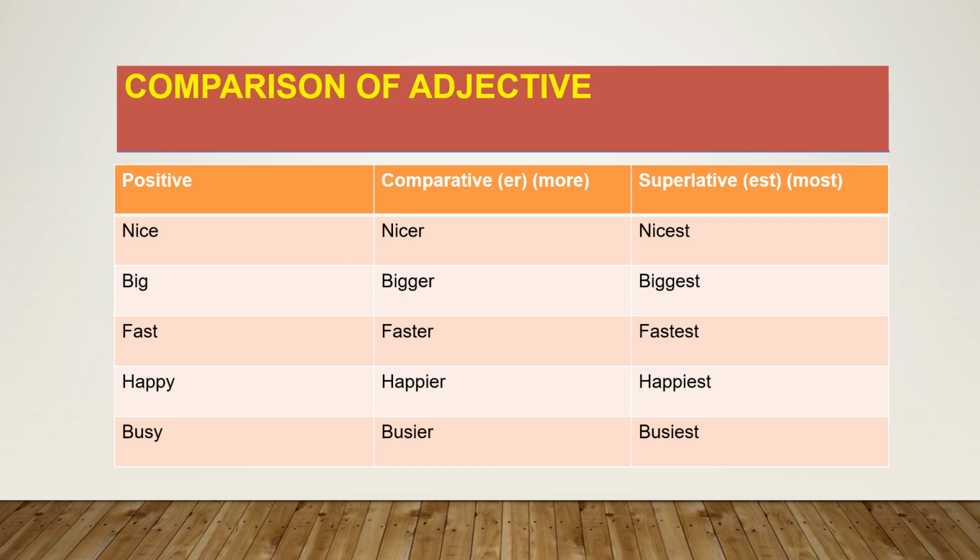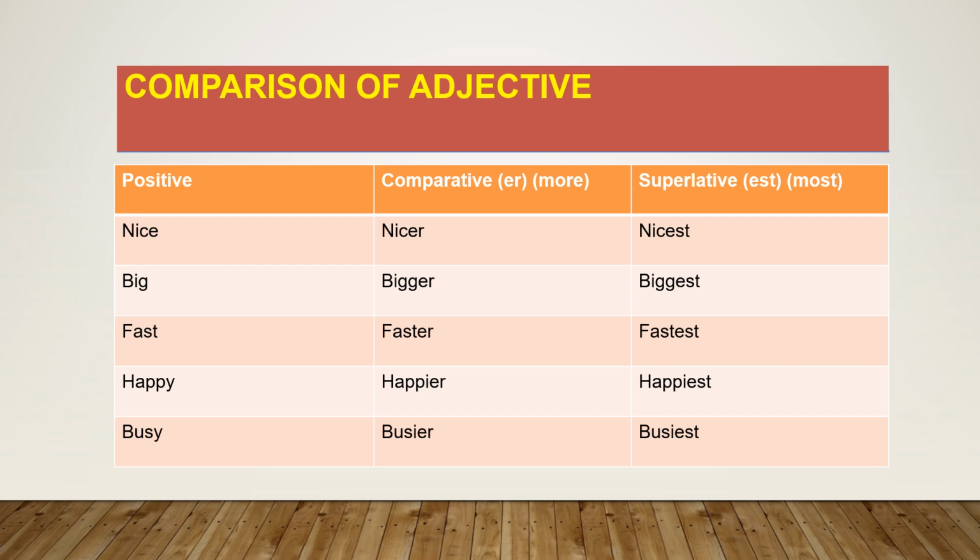We have here the rule that the positive degree can be changed to the comparative degree by adding er at the end of the adjective, or r. If the adjective ends in e, then only r is added. When you have a small adjective, an adjective which is one or two syllables, the spelling might change, but it is the addition of er.